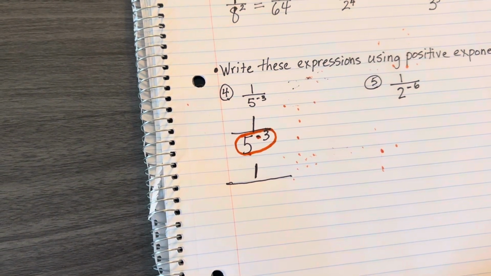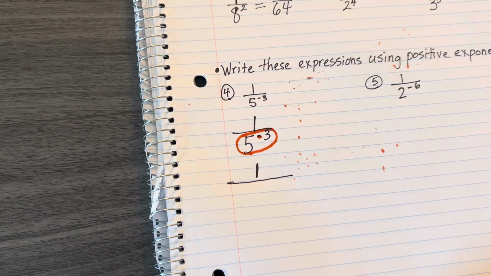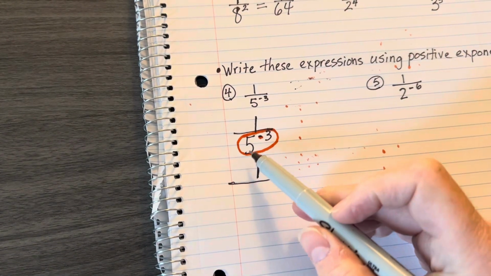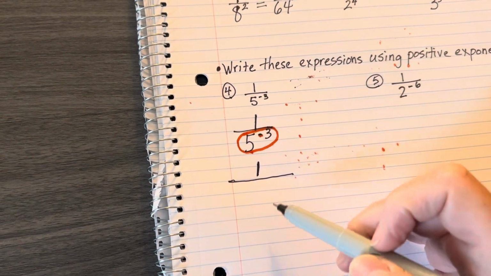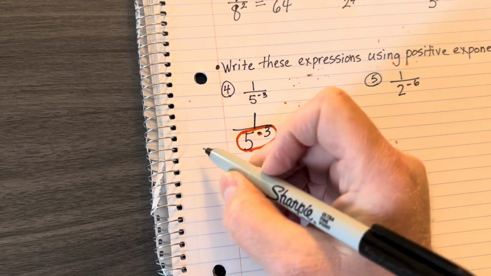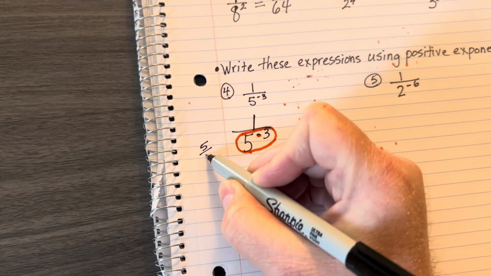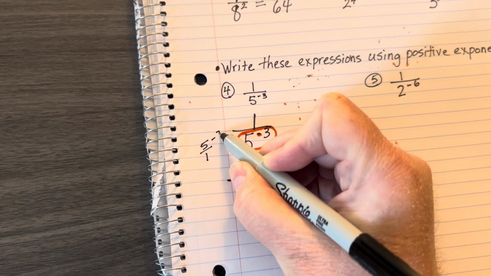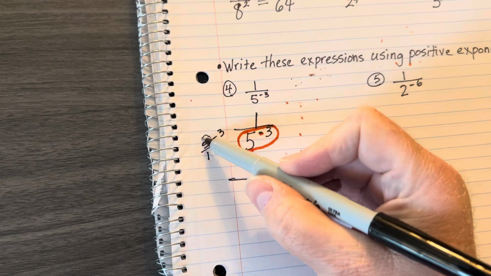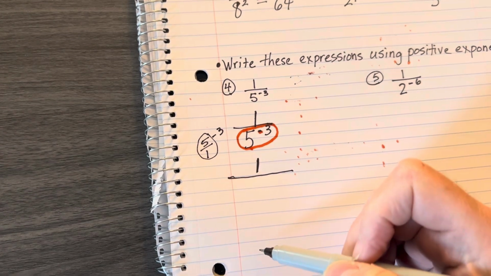So that, again, is my clue. I'm going to use the negative exponent property. How do I change 5 to the negative 3rd? Well, if it helps you, think of that 5 as being 5 over 1 to the negative 3rd power. What is the reciprocal of this base, 5 over 1?